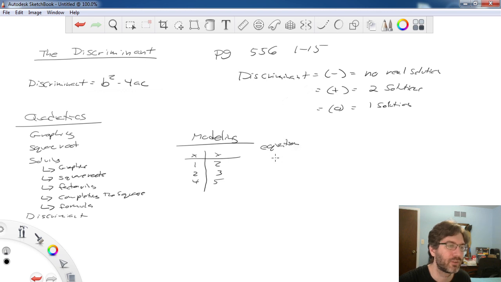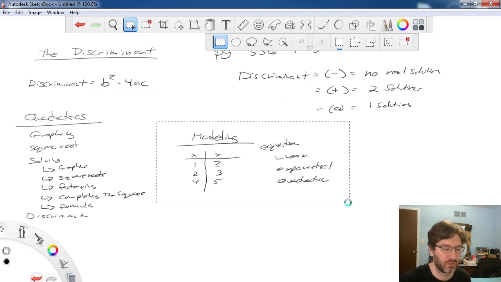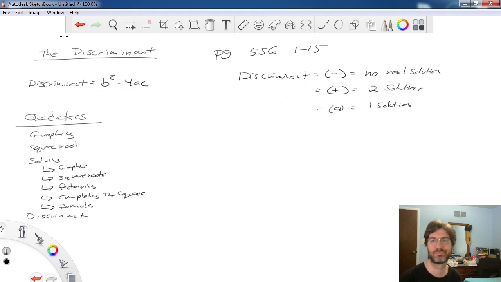And is that equation, in this case it's linear, but linear, exponential, or quadratic? It's going to be a pain. And then I'll tell you how to do it on the computer, and it'll be easy. So that's going to round out that chapter.